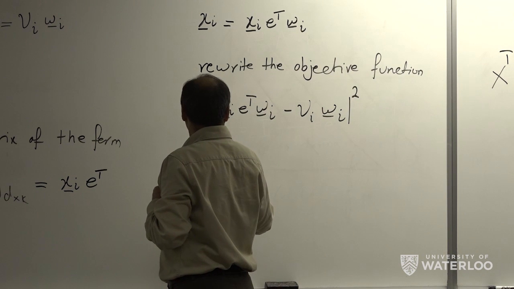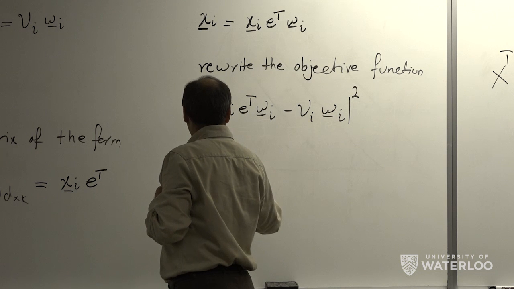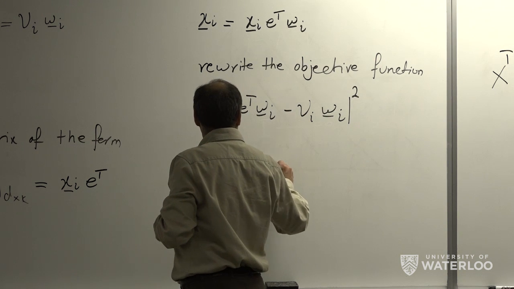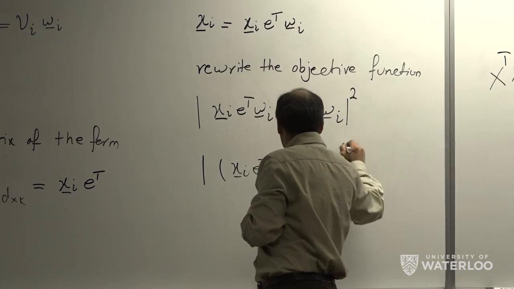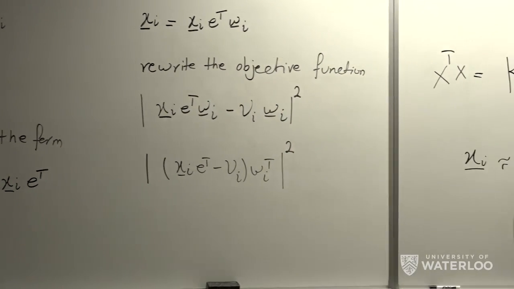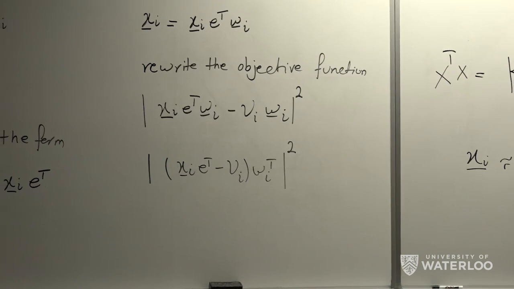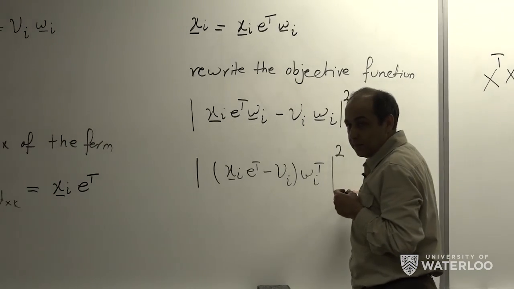So this is going to be the norm of (xi E transpose minus Vi) Wi. Just expand this norm.